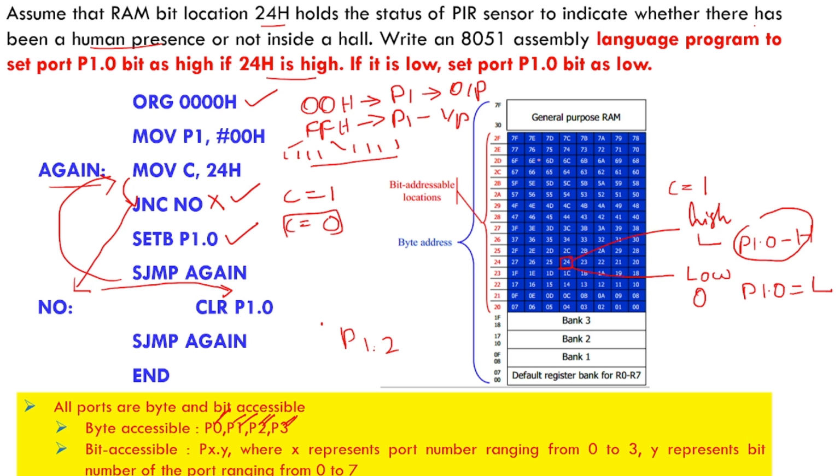Because the logic is, if it is low, I need to make P1.0 low, so I am clearing the port P1.0 so that it is low. Again, after completing this instruction, short jump again it will go here and check the 24th bit location. It is a continuous process, and end the program.